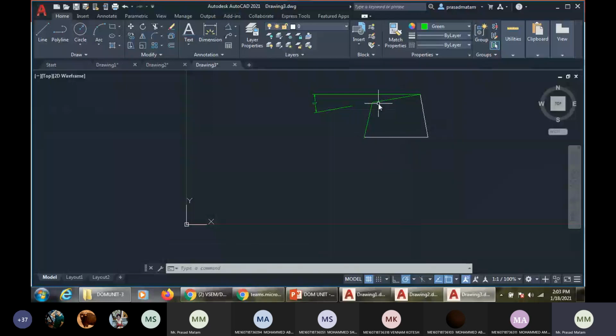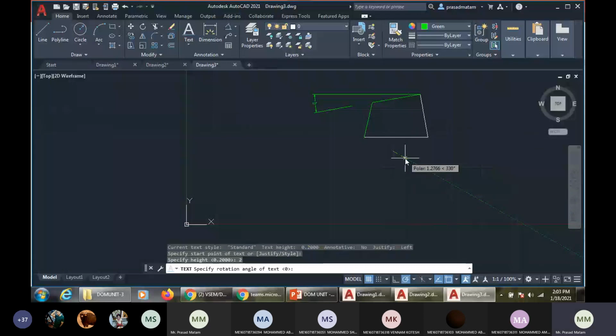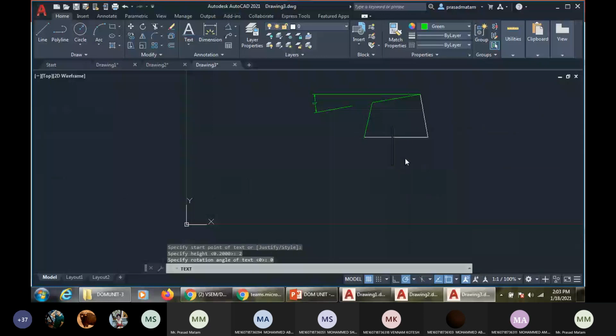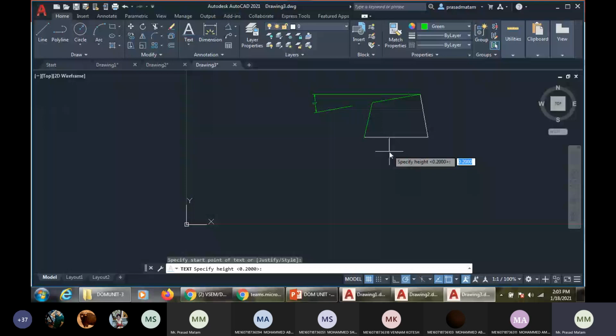Now let us try to measure the distances. Before going to distances, let me write a single line, 0.5.